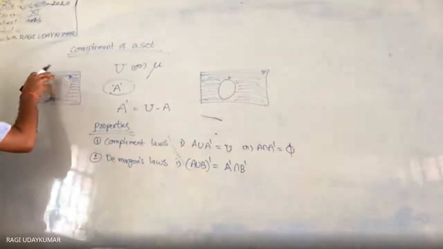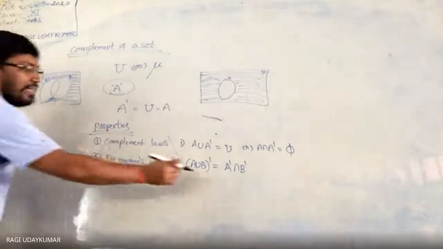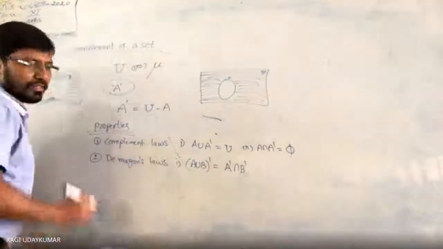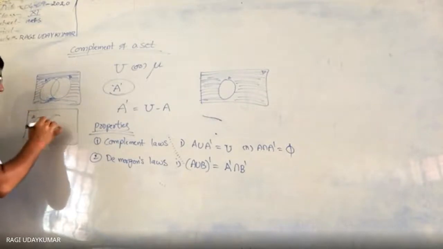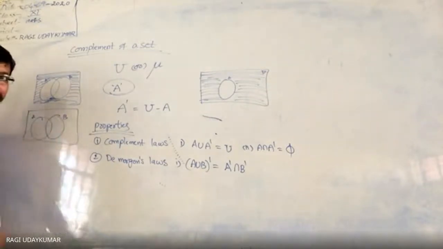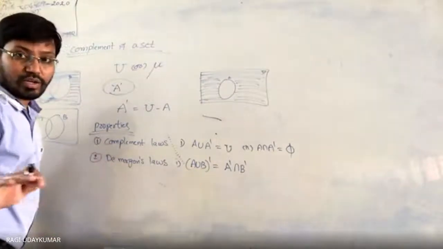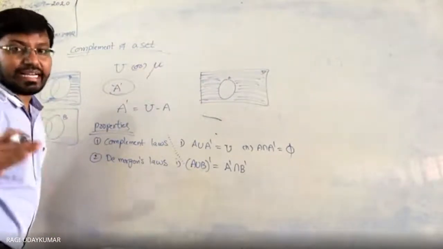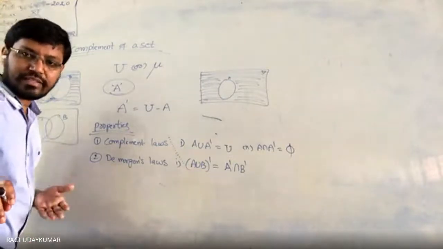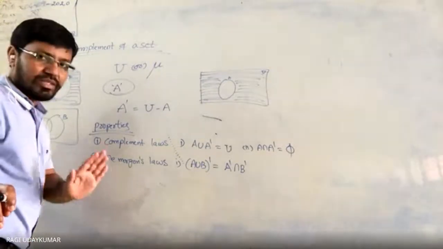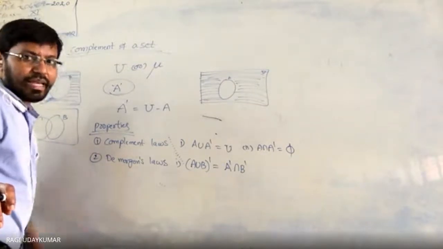Whatever shaded portion you are getting, that shaded portion only. If you want to draw the Venn diagram for this, this is A, this is B. For the intersection, draw horizontal lines on the left side and vertical lines on the right side. Whenever you draw the Venn diagram for the intersection part, the left side has one type of line and the right side has another type of line.